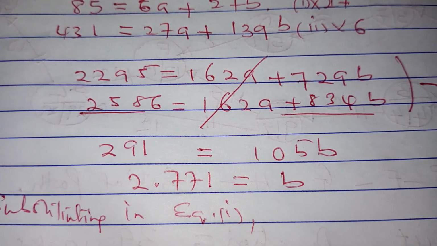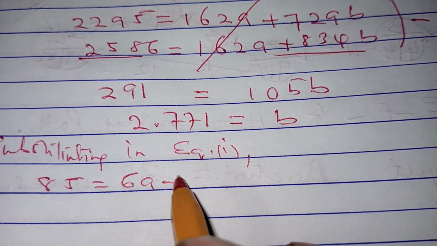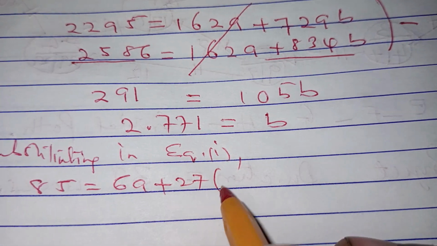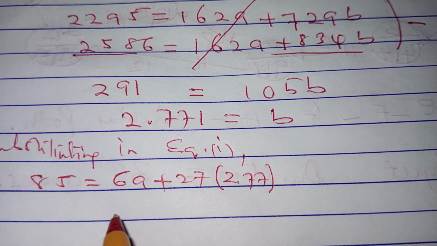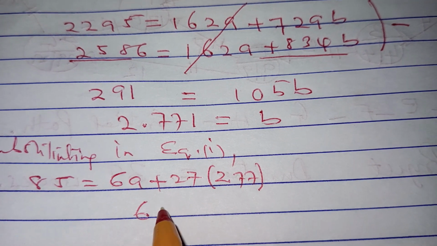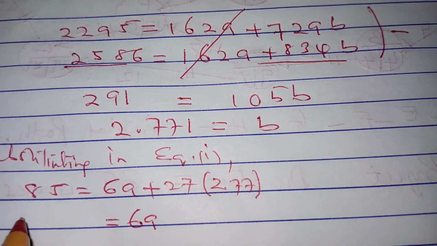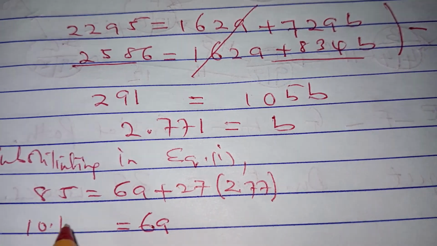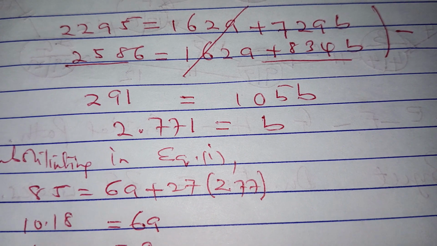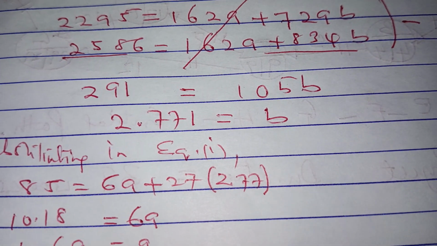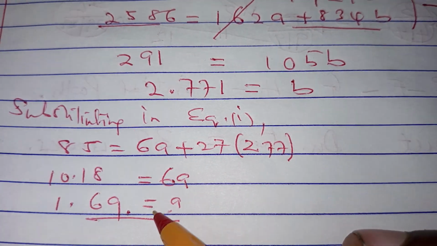We write 85 is equal to 6a plus 27 times b. b is 2.77, and therefore 6a is equal to 10.18. Therefore a becomes 1.69.